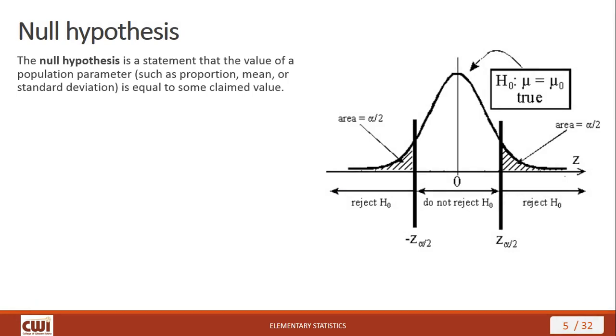By definition, the null hypothesis is a statement that the value of a population parameter is equal to some claimed value. So equality, by definition, belongs with the null hypothesis. We typically denote the null hypothesis with a capital letter H and a subscript 0.